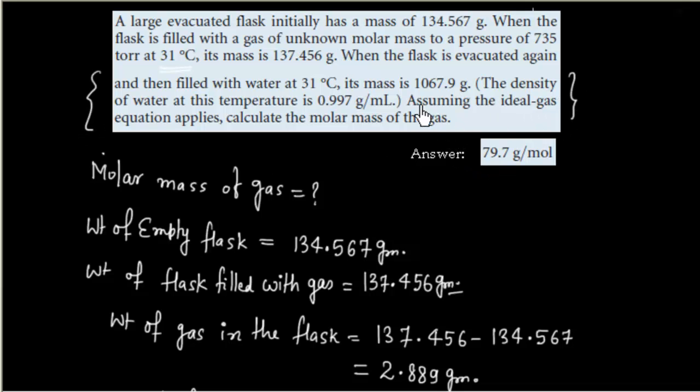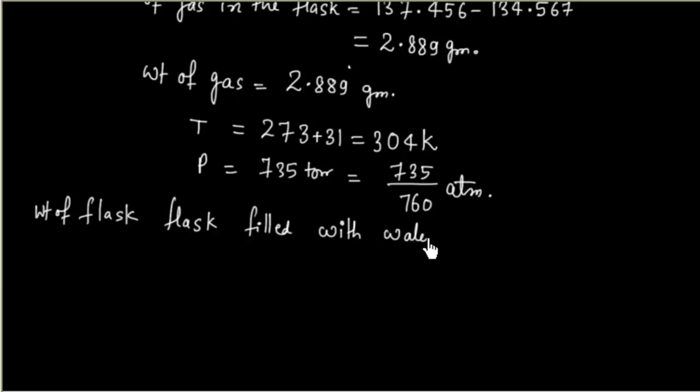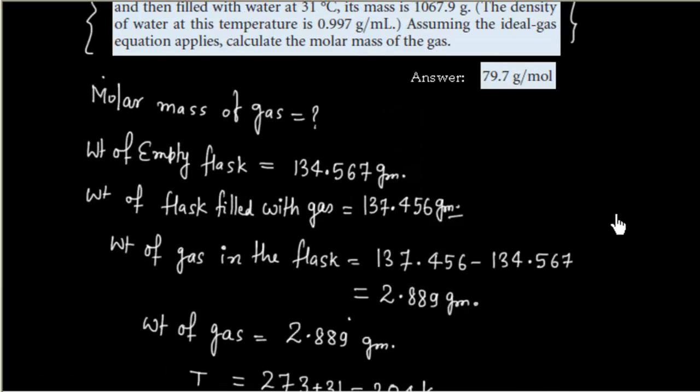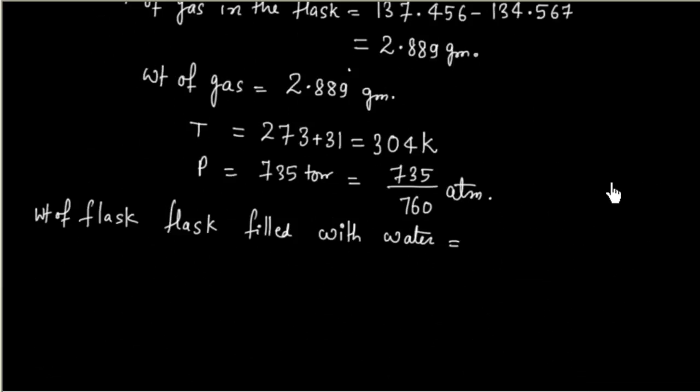It says that when this is filled with water, it has a mass of this. So now we know the flask filled with water has a weight of 1067.9 gram.